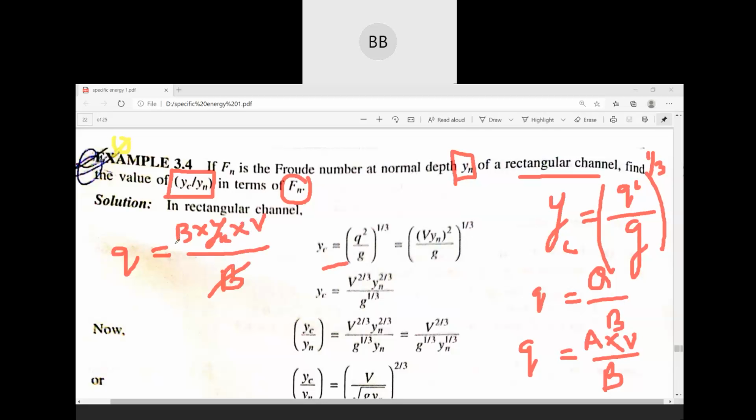So this b will be cancelled out, so small q is nothing but v multiplied by Yn. That is why in place of small q here it is written v Yn, and it is squared, so it will be whole square divided by g, to the power 1 by 3.